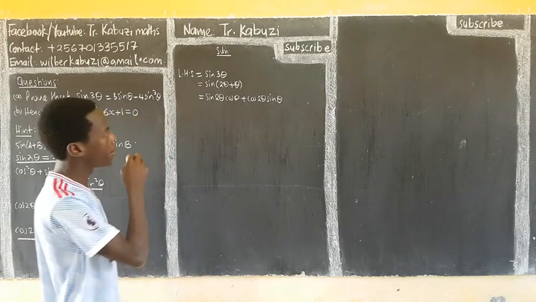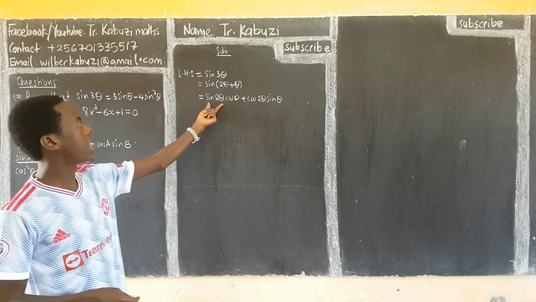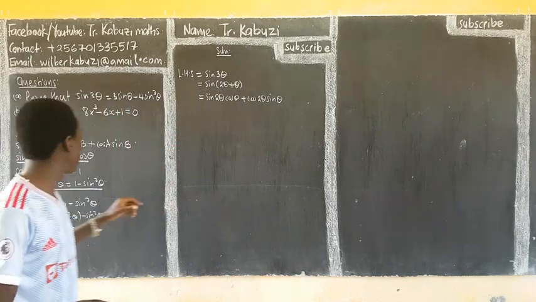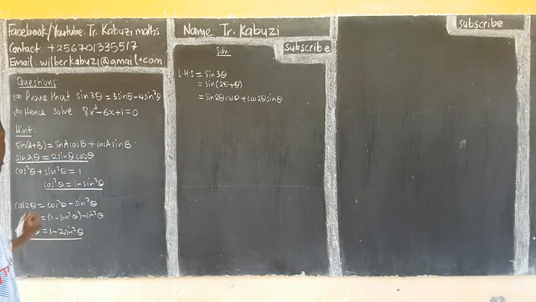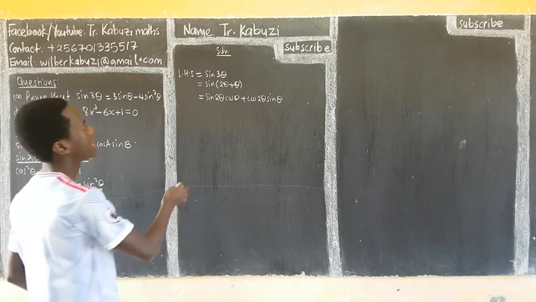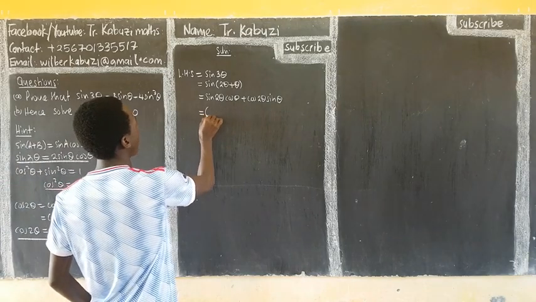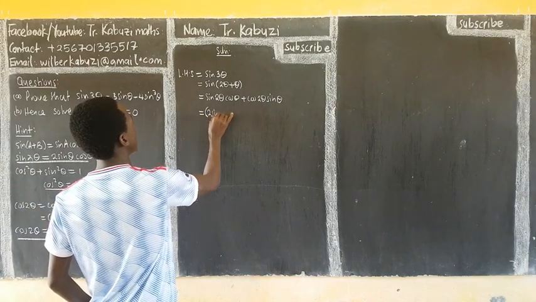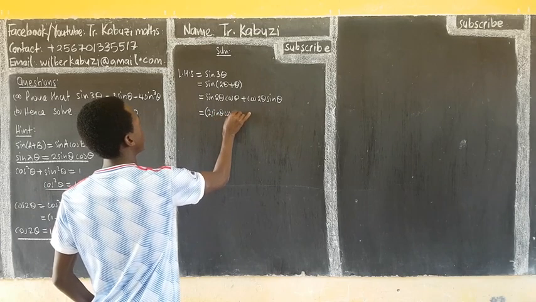sine theta. Now from there, I say double angle here. I also say double angle. I come for sine, it is this. Then for cos, it is this. So putting them there, I have now for sine 2 theta, 2 sine theta cos theta.